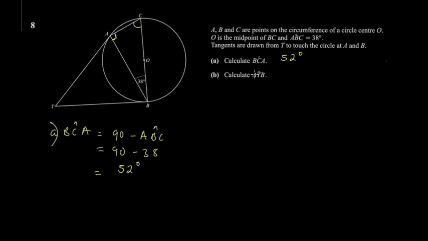And in the B part, you're asked to calculate ATB. So ATB, which is this one here. Okay. So one way to go about it is to recognize that this one is coming from the center, and this one is a tangent. So this one must be 90 degrees. Okay.